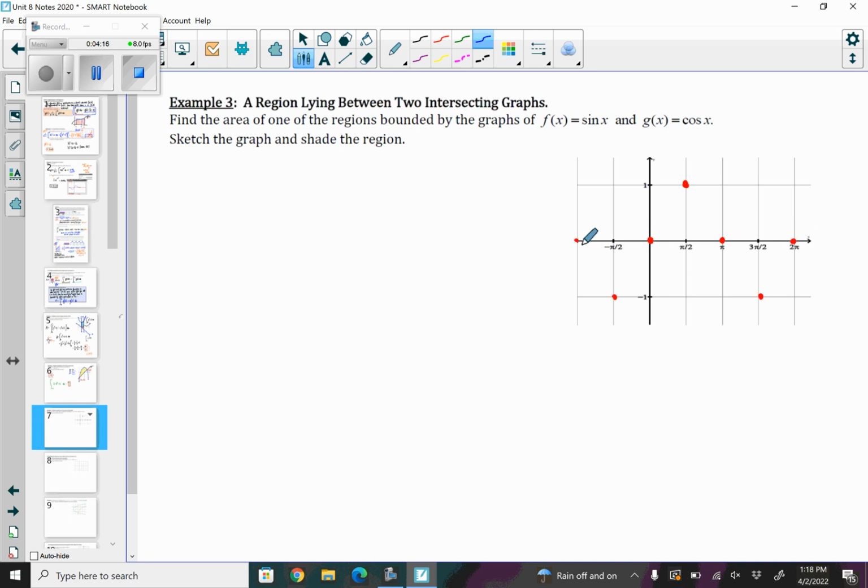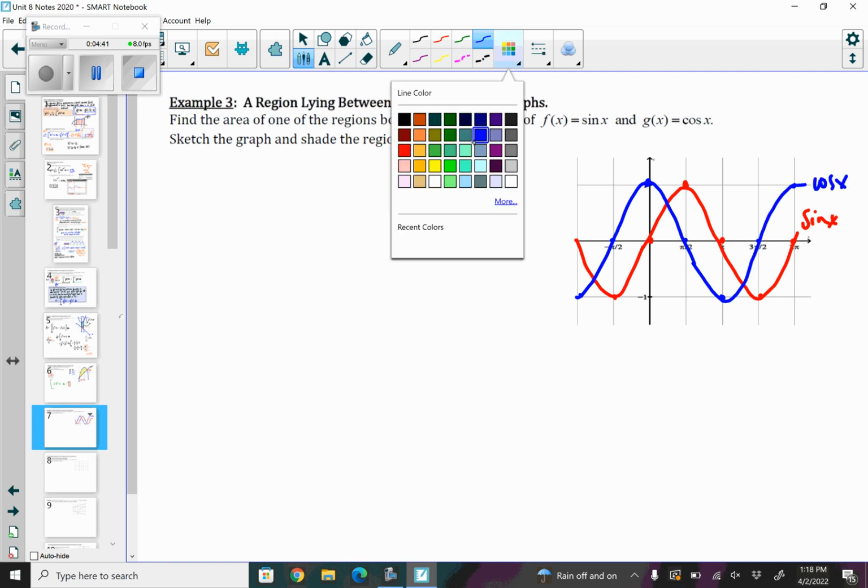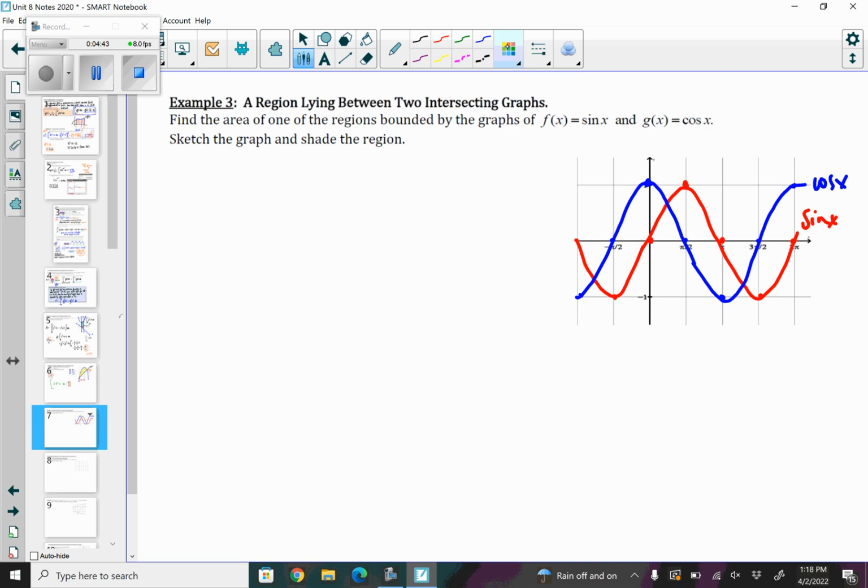So sine is my red curve. Cosine does the same movement, but starts at 1, to the midline, down, midline, up. So that's cosine of x.